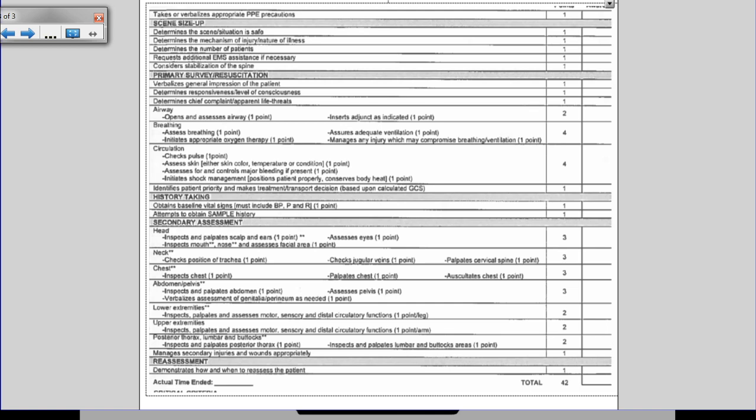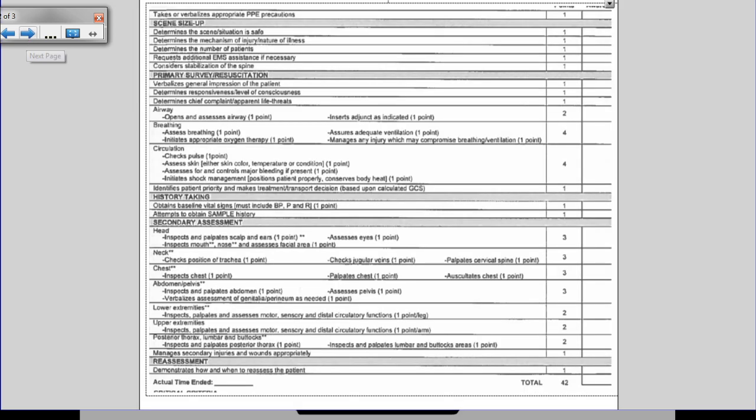We're going to request an ALS unit to be en route and consider stabilization of the spine. I think we should consider that, since we don't understand the mechanism, so we'll play it safe and have somebody take C-spine control. Primary survey: verbalizes the general impression of the patient. In this case, the general impression is what they give us: he is breathing shallow, there's blood on the floor, he's in his late 30s, and it appears to be a male.